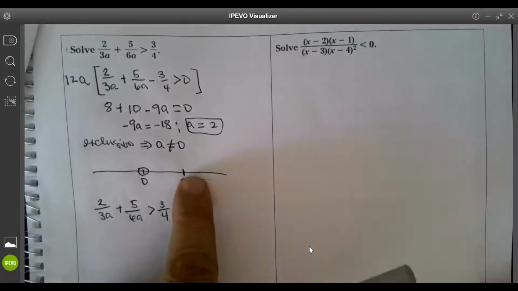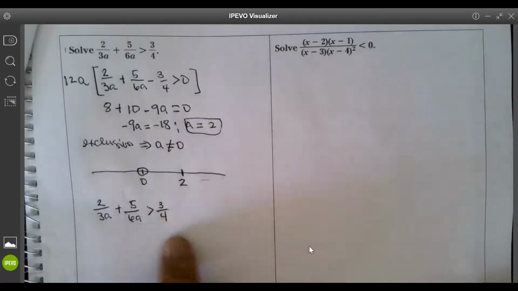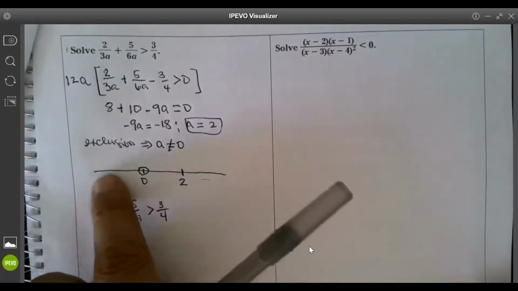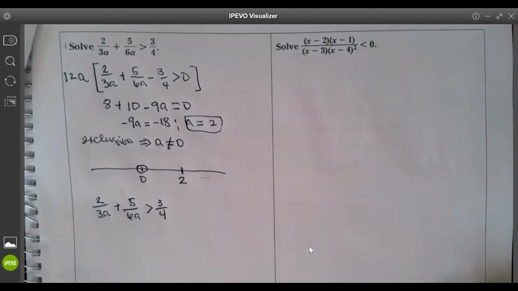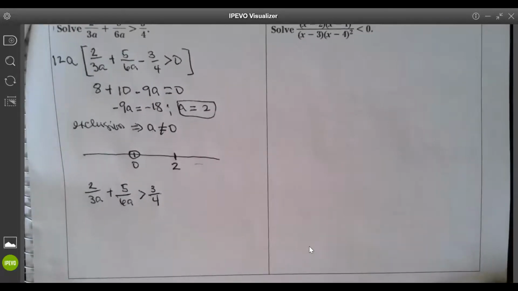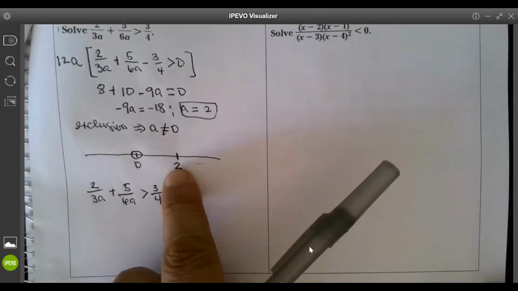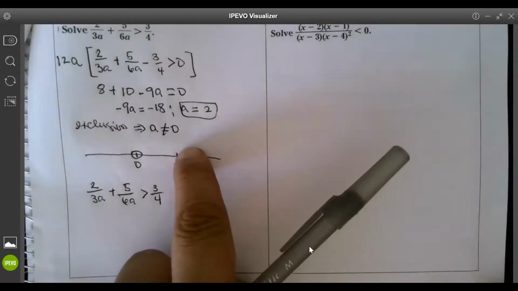Now, which one of these intervals is the solution? Or two of these intervals is the solution? Or it can be all of these intervals. So we're going to test these intervals. This one is A is equal to 2, but we want this interval here.